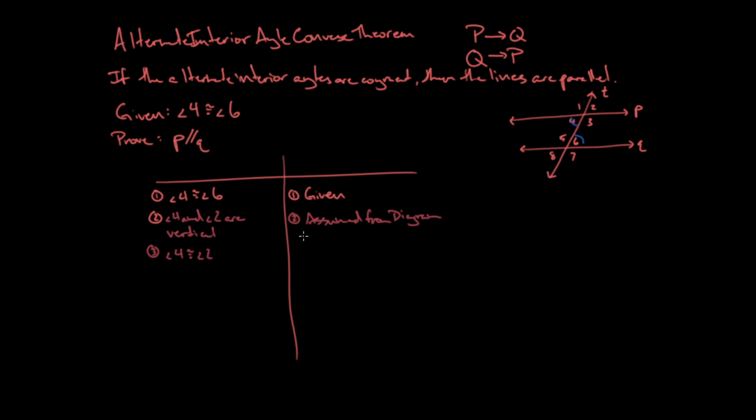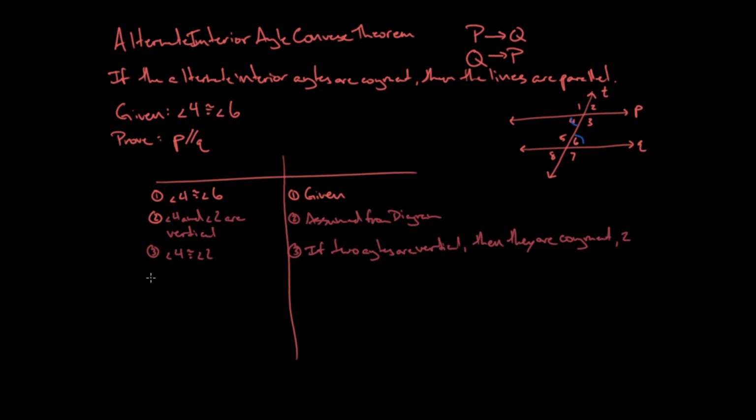This will be my vertical angle theorem. It says that if two angles are vertical, then they are congruent. And that comes from statement 2.